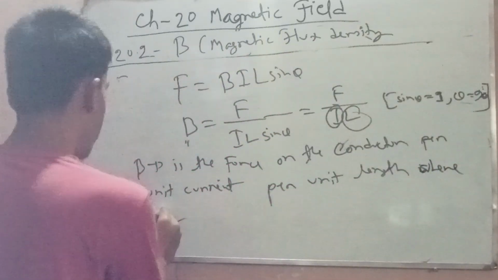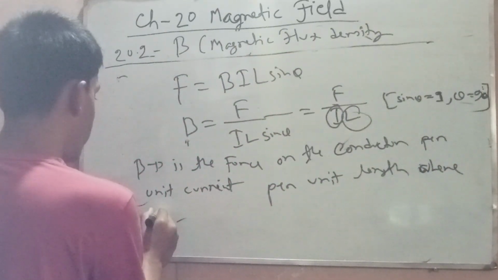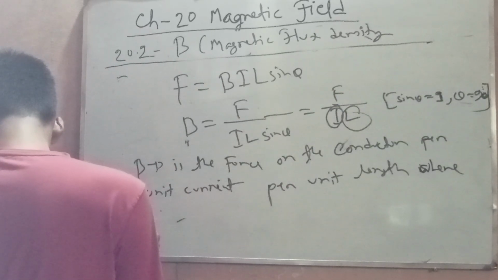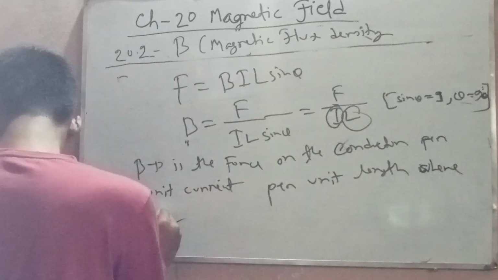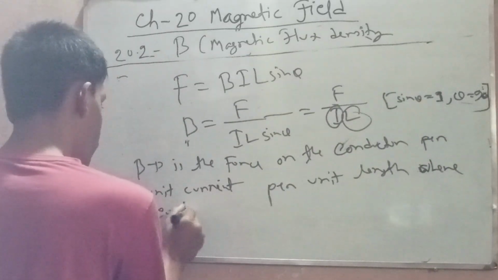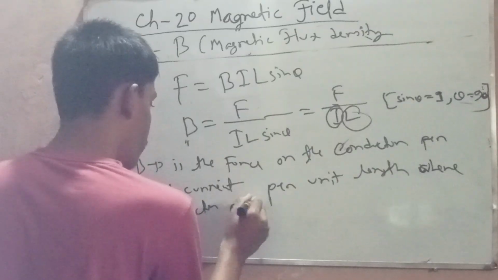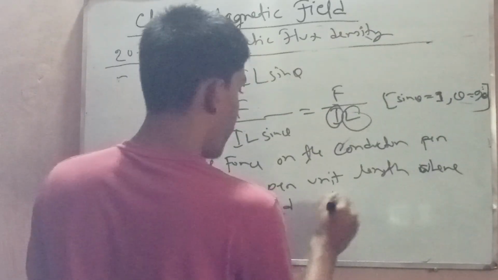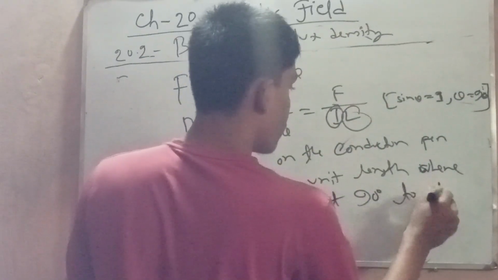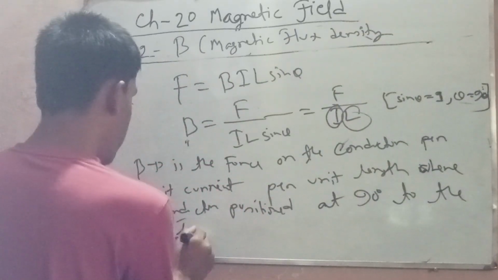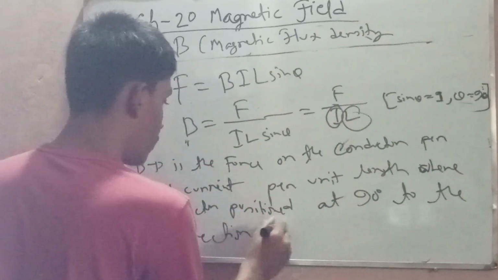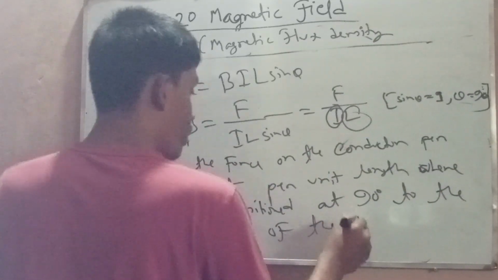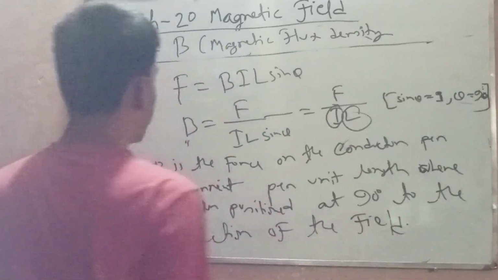where the conductor is positioned at 90 degrees to the direction of the magnetic field.